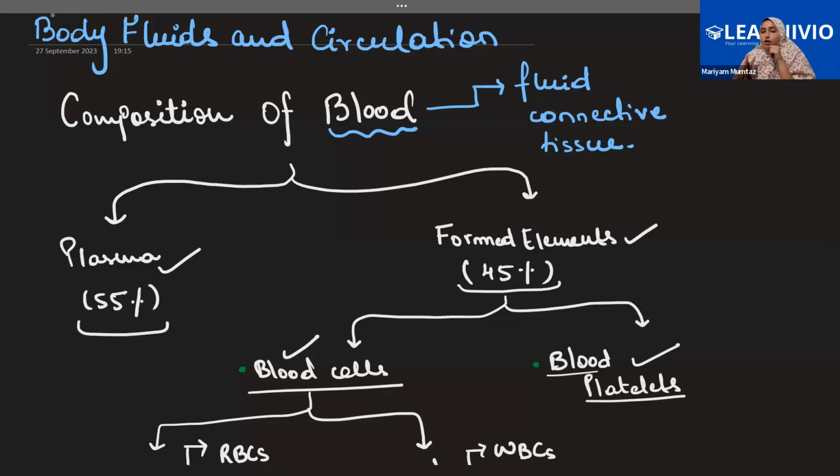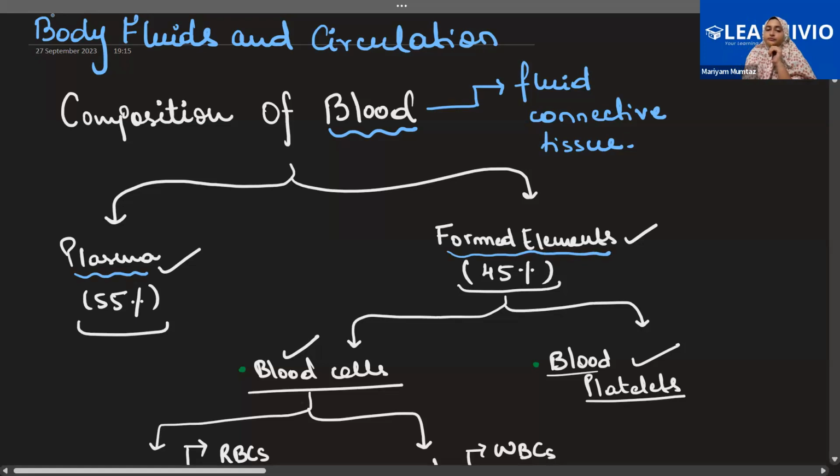Now the blood has two major components. The first one is the plasma. The second one is the formed elements. Plasma comprises 55% of the blood, and the formed elements comprise 45% of the blood volume.